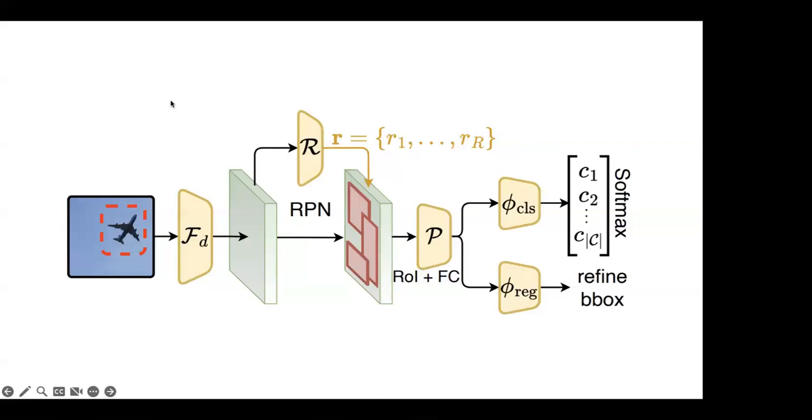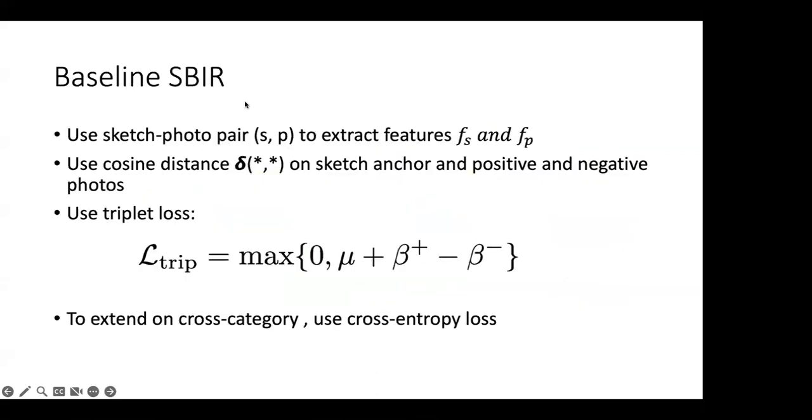So the baseline SBIR framework works as follows. Given a sketch-photo pair, the SBIR model extracts the corresponding feature maps from both sketch and photo. Then for training, the cosine distance to a sketch anchor is applied using a negative photo and a positive photo.